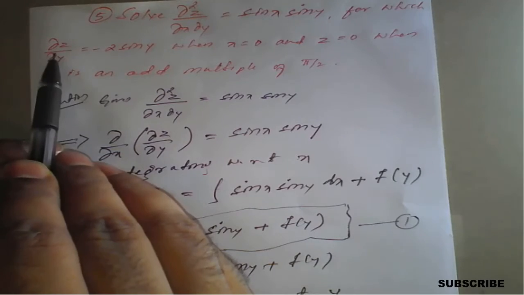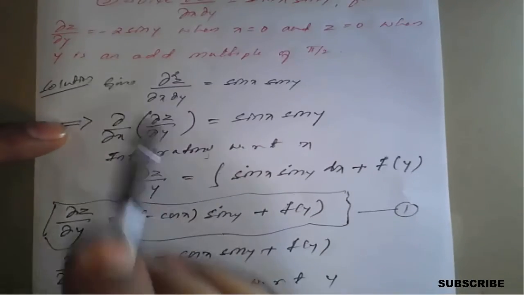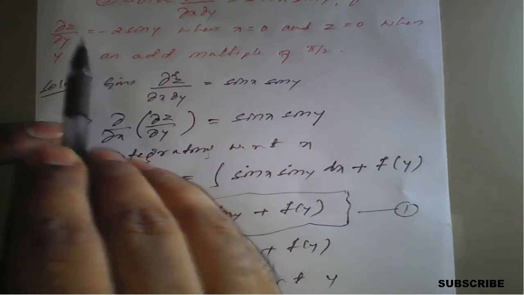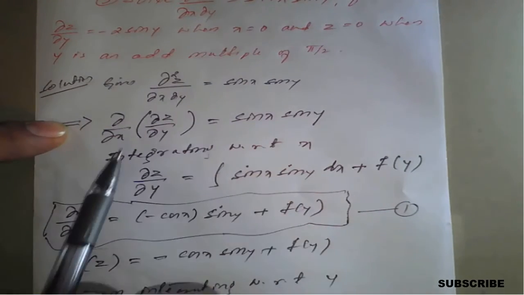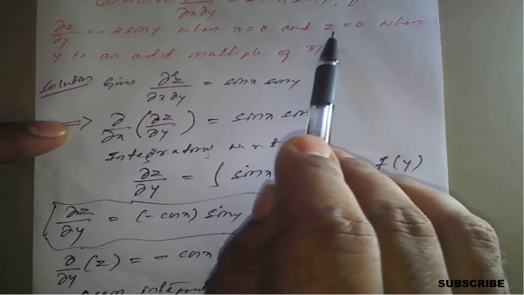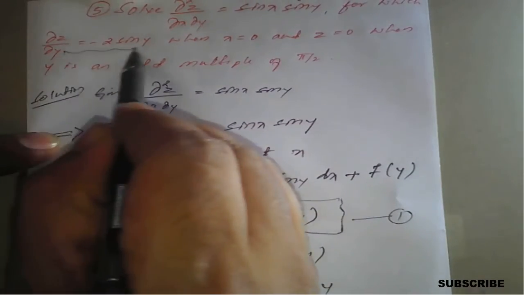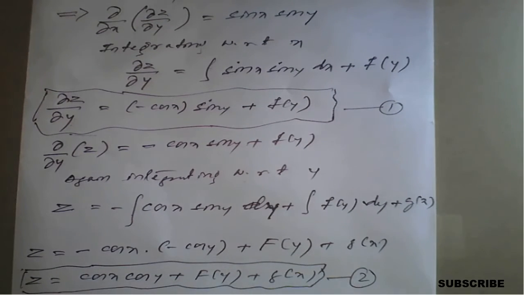The value of ∂z/∂y is -2 sin y when x is 0, which applies in equation number 1. And z is equal to 0 when y is odd, a second condition, which will apply in equation number 2. We'll see the final result of this partial differential equation by direct integration with the two given conditions, one by one.